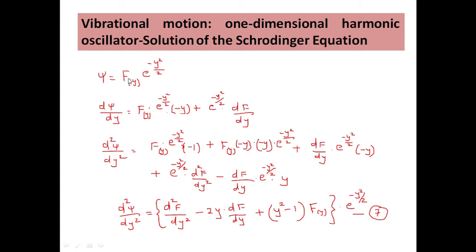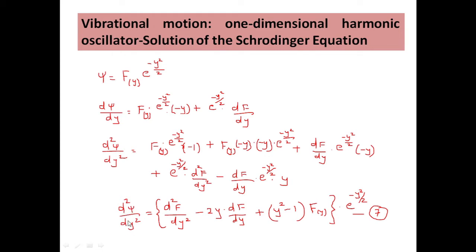Now we will find d psi by dy. The solution is written here: first function into derivative of second plus second function into derivative of first. In a similar fashion, we have found d squared psi by dy squared, and we will get this equation. You can pause the video and take it down.